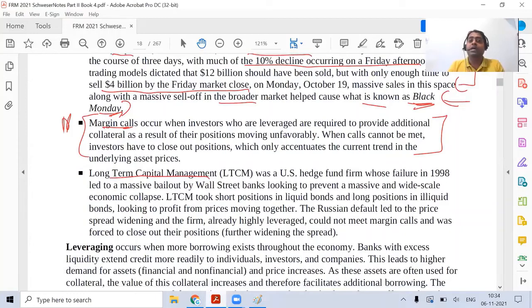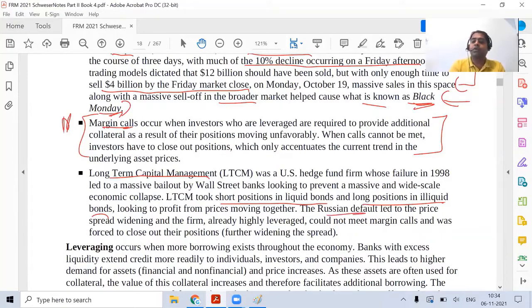They did a lot of relative value trades, primarily in the fixed income market, in bonds, volatility and credit spreads. They took a short position in liquid bonds and a long position in illiquid bonds, realizing that liquid bond prices will come down and illiquid bond prices will go up over time, and they would make a profit in both situations.